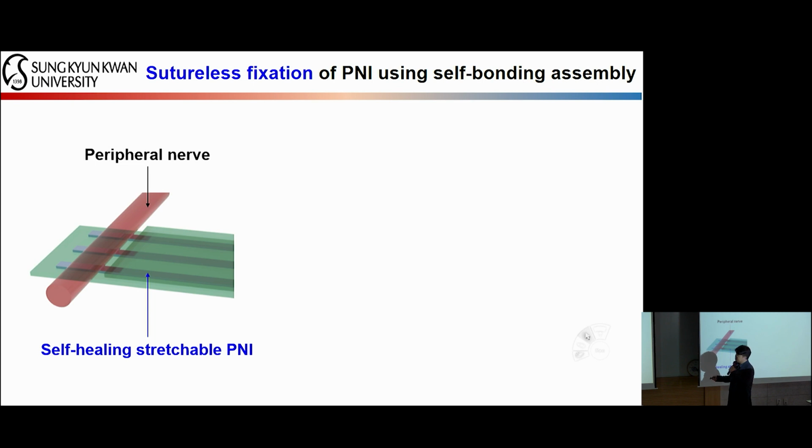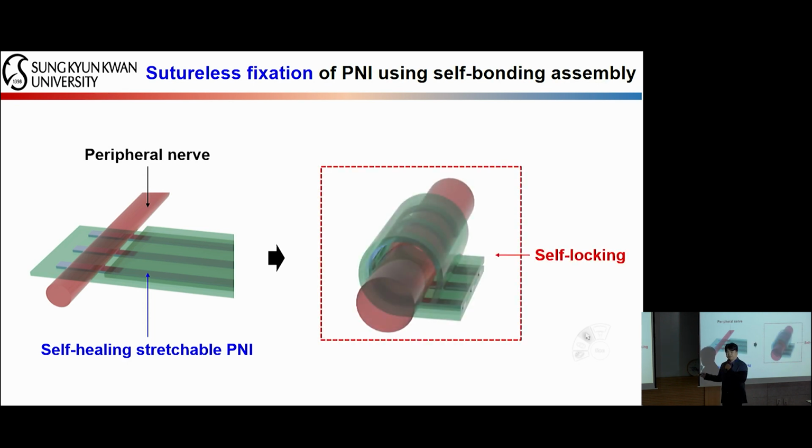If we put the peripheral nerve on top of the self-healing stretchable peripheral neural interface, we can just wrap it without the conventional suturing process. The ends of the interface were firmly and stably fixed, and this is very straightforward, simple and fast compared to the conventional suturing process.